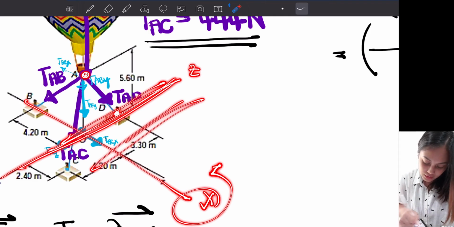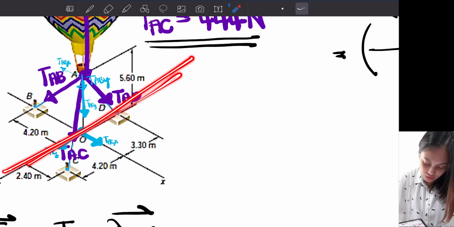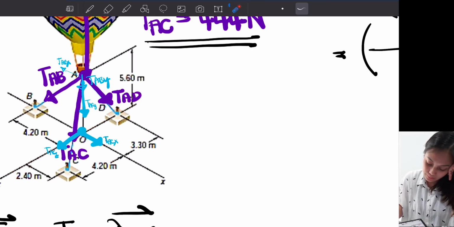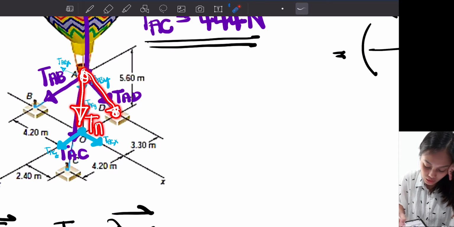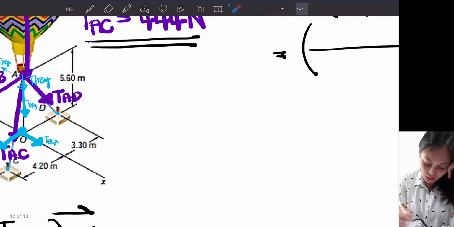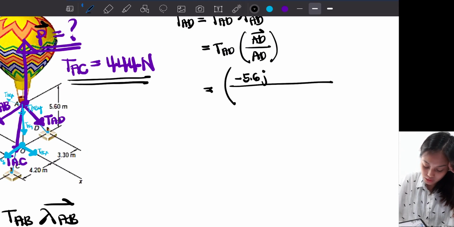Wala siya distance anywhere along x because naa siya along z-axis. So wala siya x. How about y? Ang TAD from point A to point D along y, downward. So negative 5.6 J along y-axis.